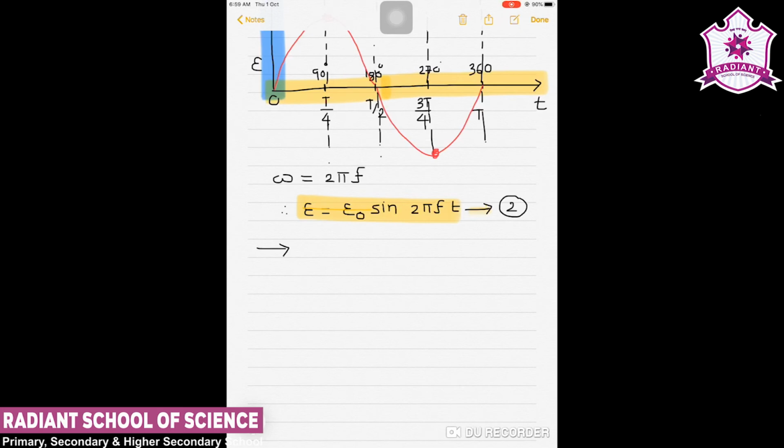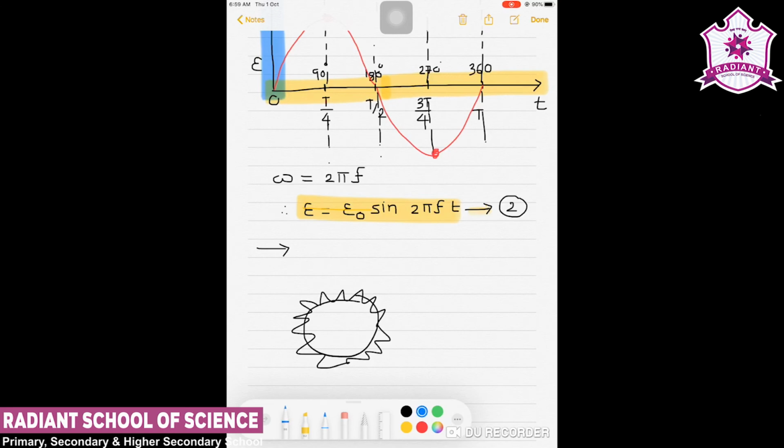If you have a turbine, and water falls from the upper part, it will force the turbine to rotate, and that is called a hydroelectric generator.